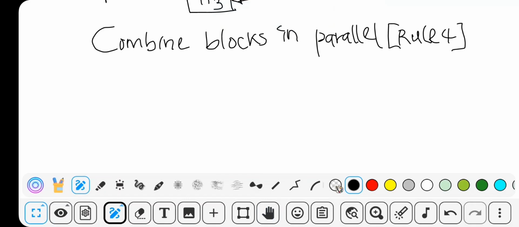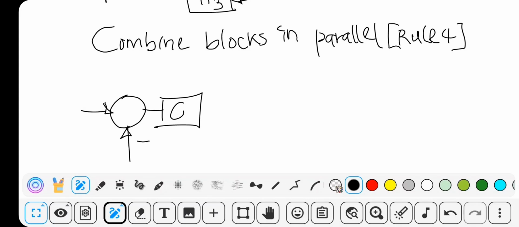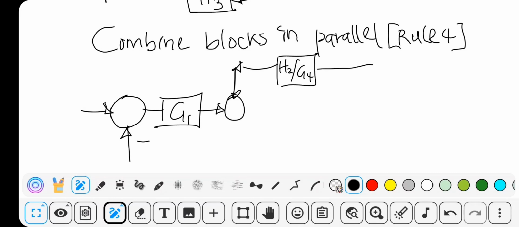So this will be that combining the summing point, negative G1 and then H2 over G4 and then G2.